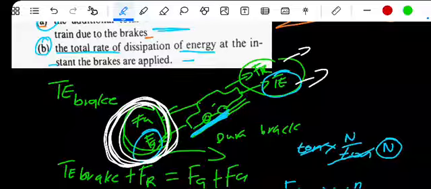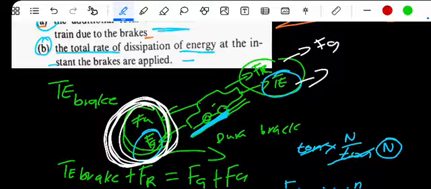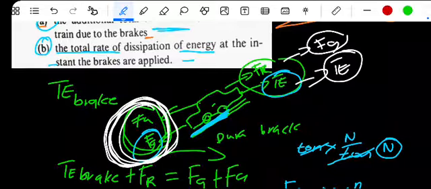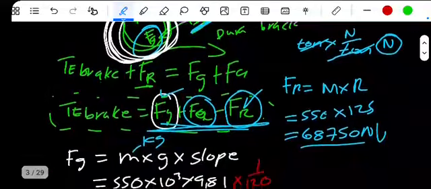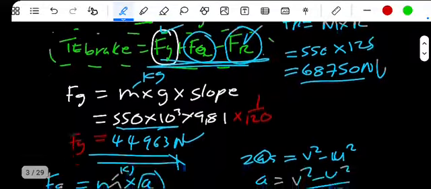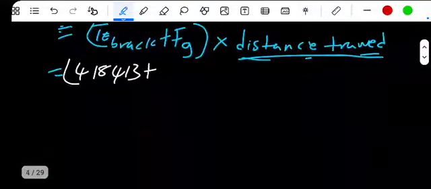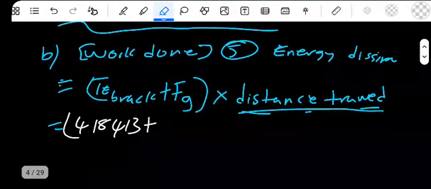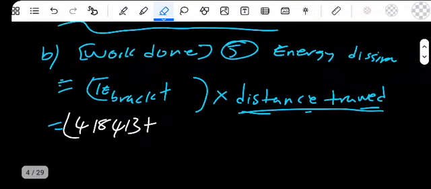Also FR, the rolling resistance, is acting there. Remember, it's an instant brake. So it will be affected by this and by rolling resistance. Sorry guys, that was incorrect.